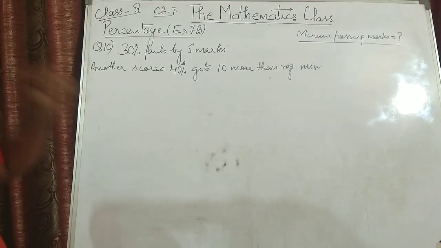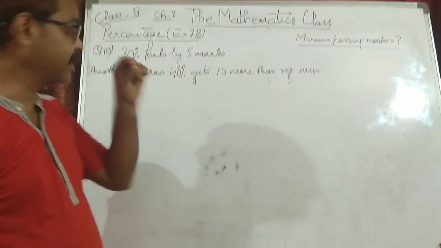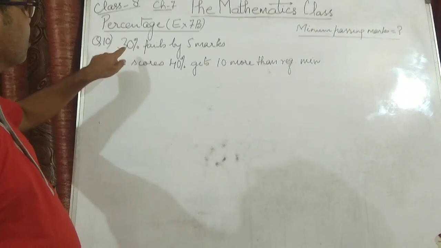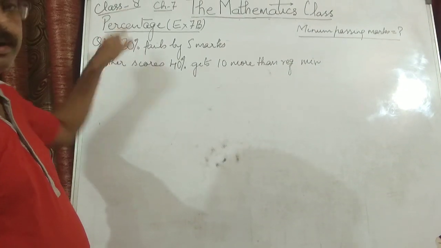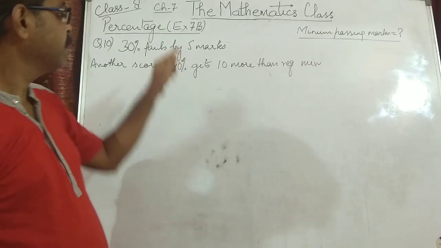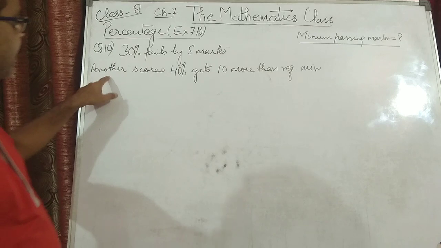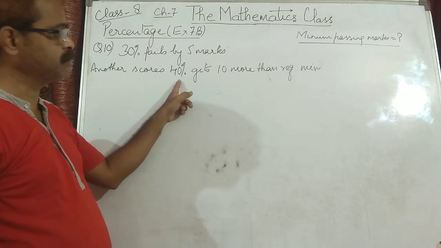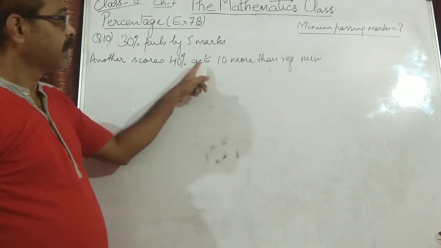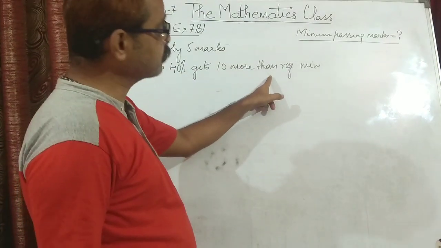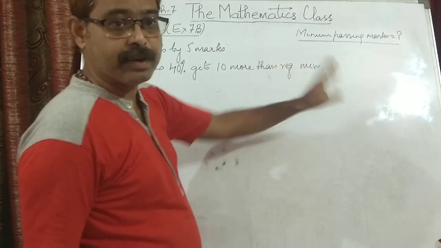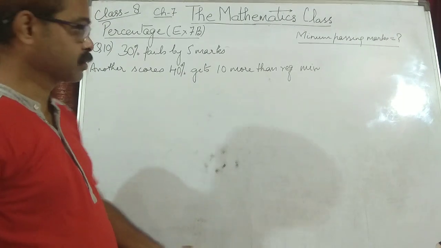Next question is question number 10. They say a candidate or a person who scores 30% in his examination fails by 5 marks, whereas another candidate who scores 40% marks in the examination gets 10 marks more than the minimum passing marks.